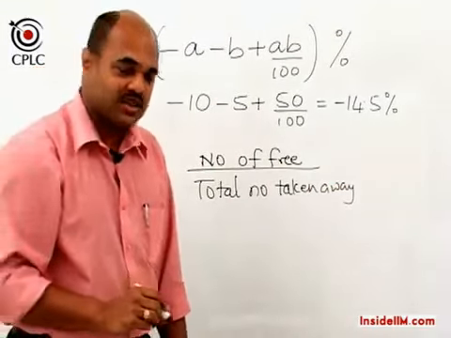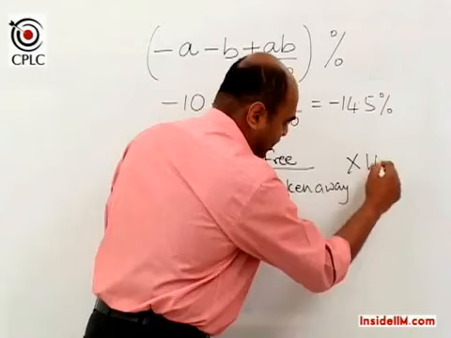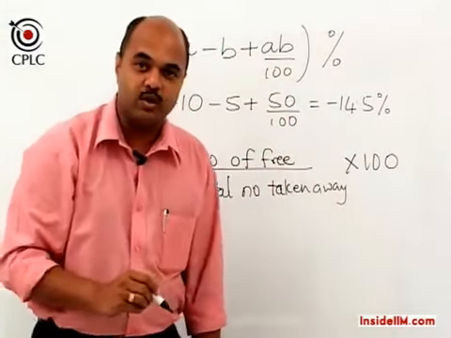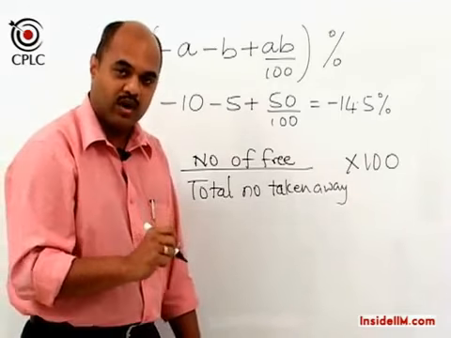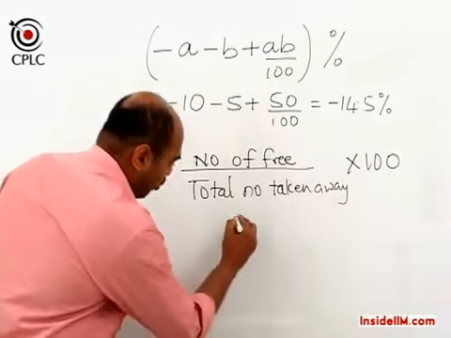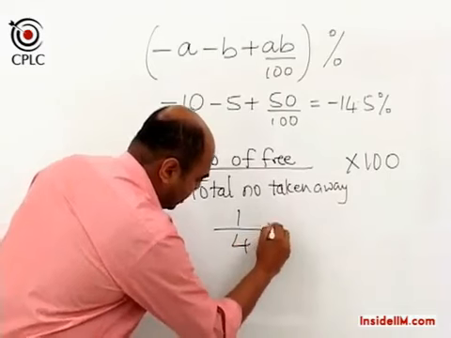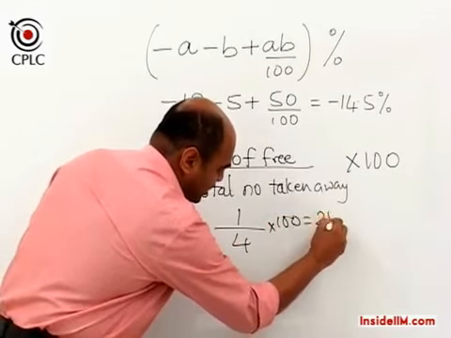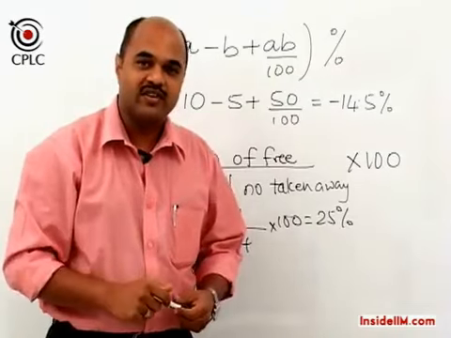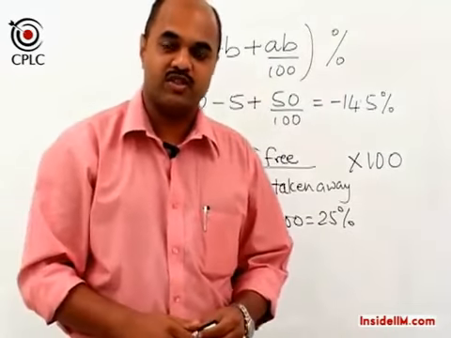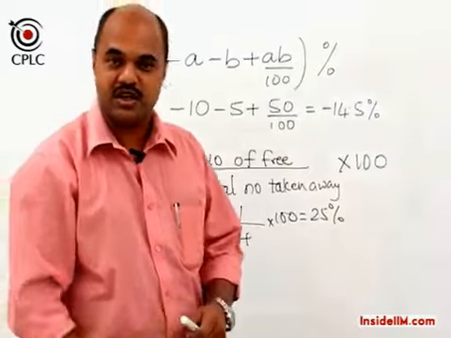And obviously this needs to be multiplied by 100 to convert it into percentage. So the example that we've looked at, buy 3 get 1 free, would mean 1 free on 4 taken away, and hence the discount would be 25%. So these are two very, very common applications of this topic of profit and loss and discount.